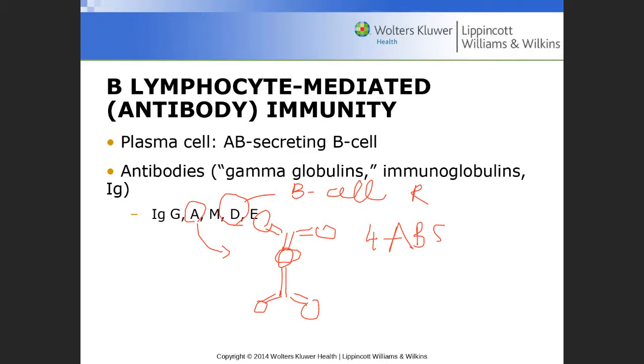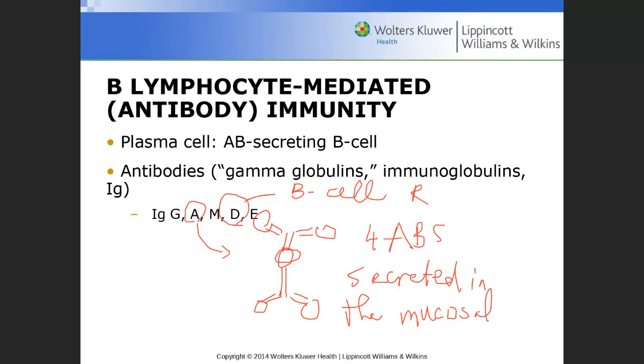Now, IgA is typically secreted in mucosal membranes. So your respiratory tract, your GI tract, and to some extent part of the mammary gland, which also has a ductal system that produces the milk.